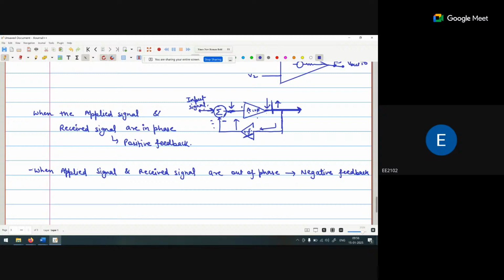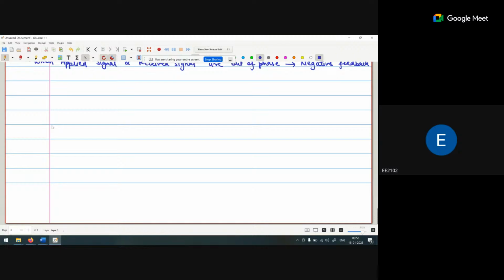So for any particular circuit, if you want to check whether it is positive feedback or negative feedback, what you have to do is break the loop and make a minor change in the signal. Like similarly, this is my A, so this is a minus F, positive, positive.